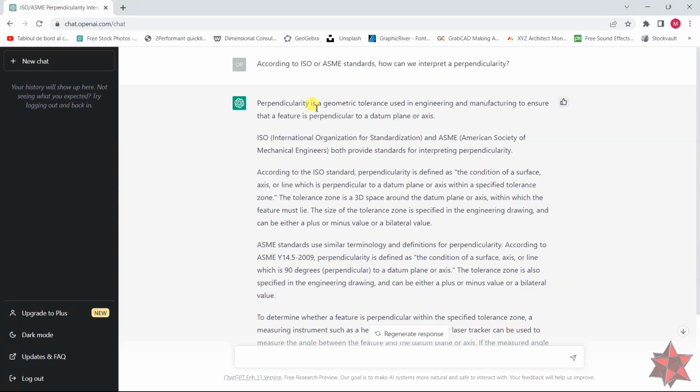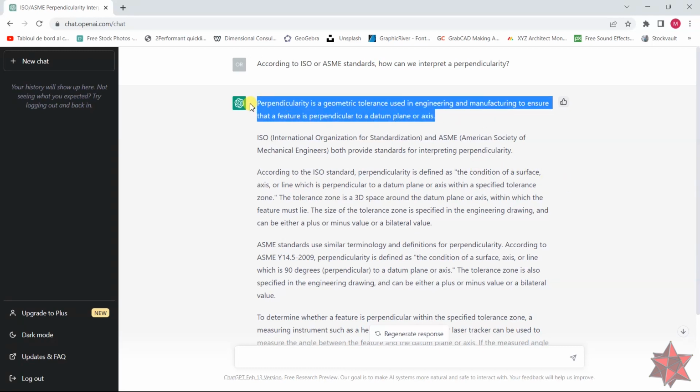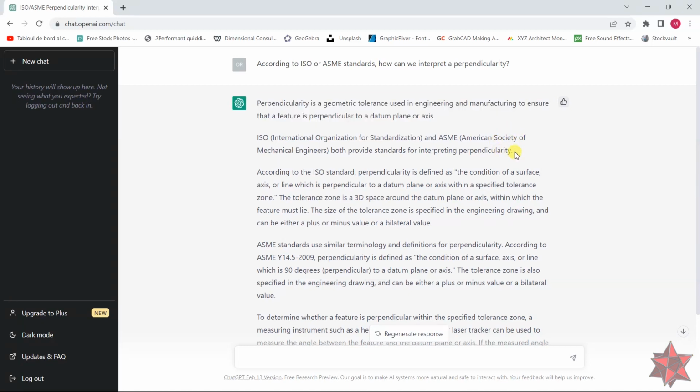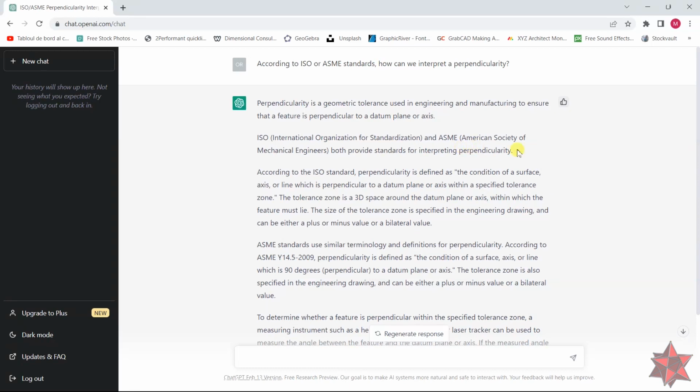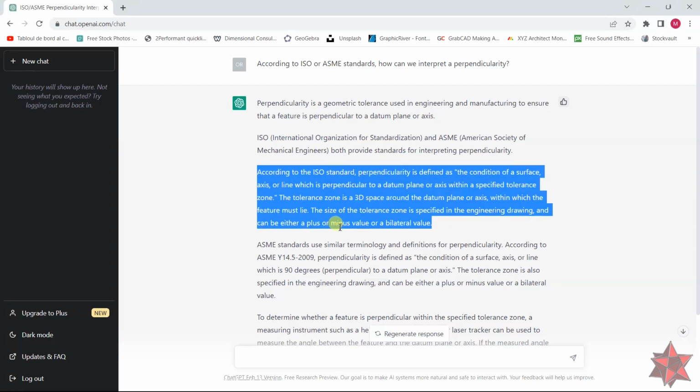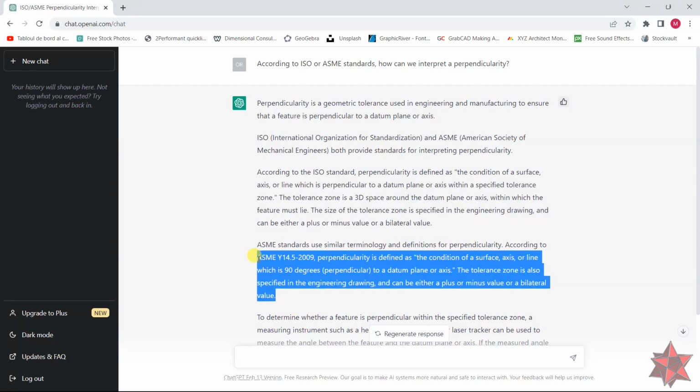The definition right here is good. It even specifies what the ISO and ASME standards mean and gives a definition of the perpendicularity from both of them, right here and right here.